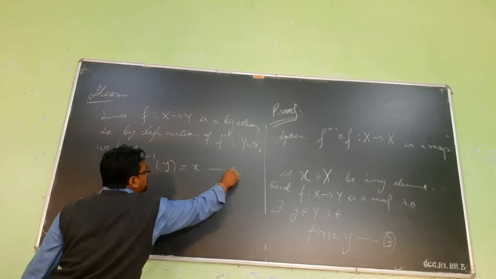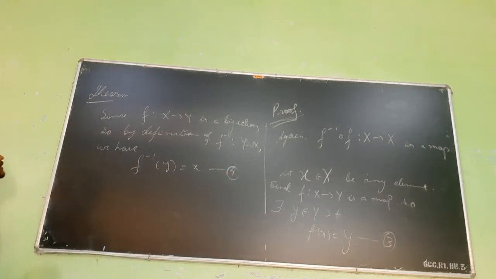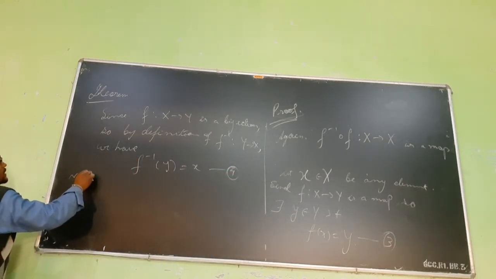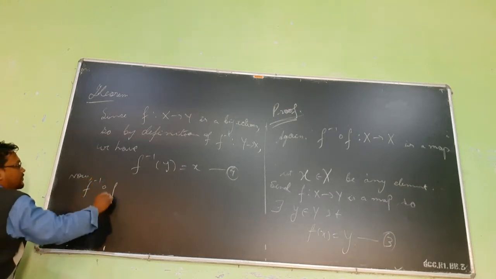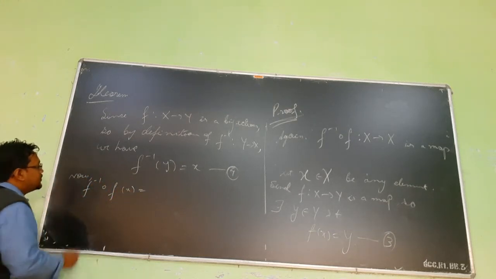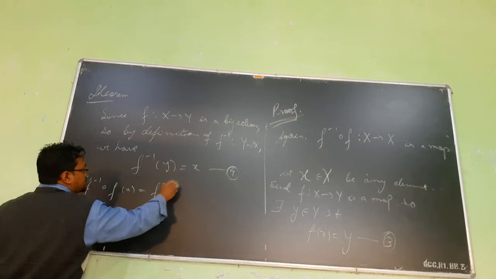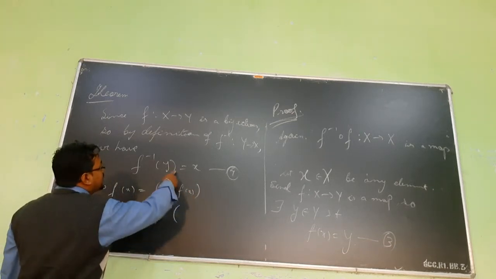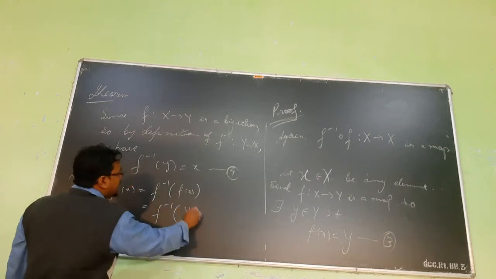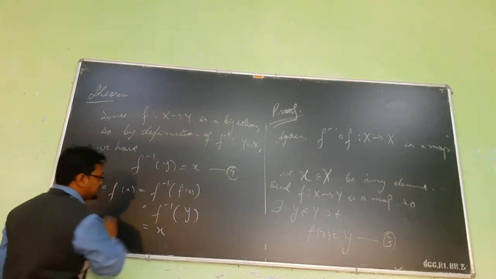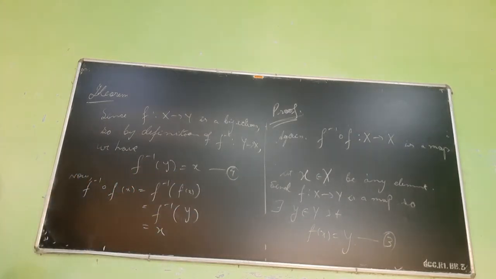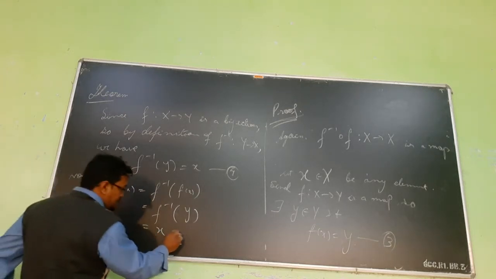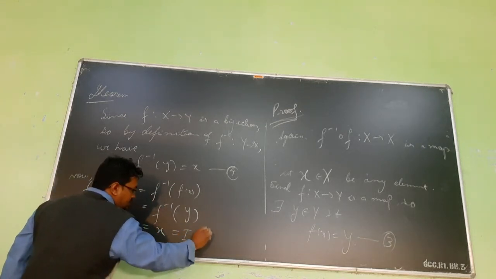So this is 4. Okay, right? Now what is (f inverse of f)(x)? It will be f inverse of f(x). So f(x) is y, and f inverse of y is again x. So this is equal to x. Okay. So this is nothing but the identity function of x.